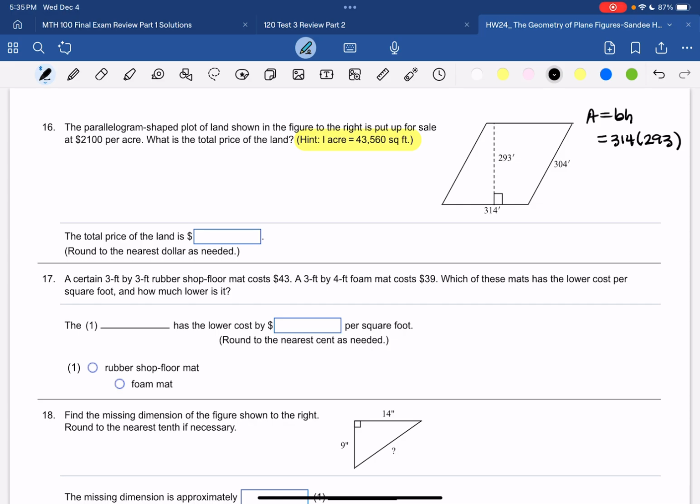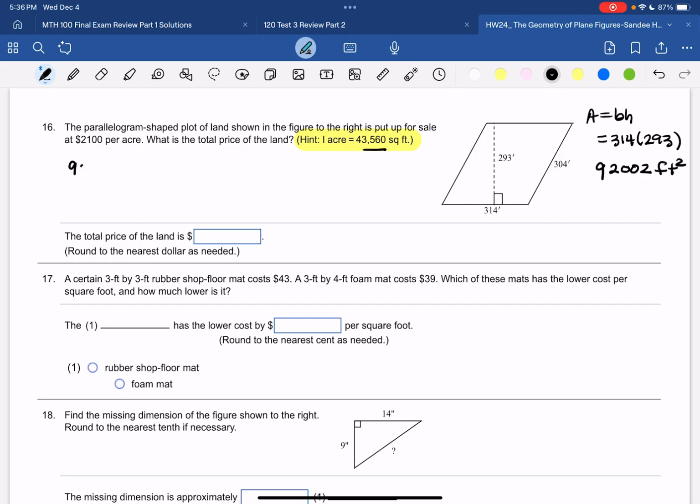So 314 times 293 is 92,002 square feet. Okay, 92,002 square feet. We've got to change that to acres.